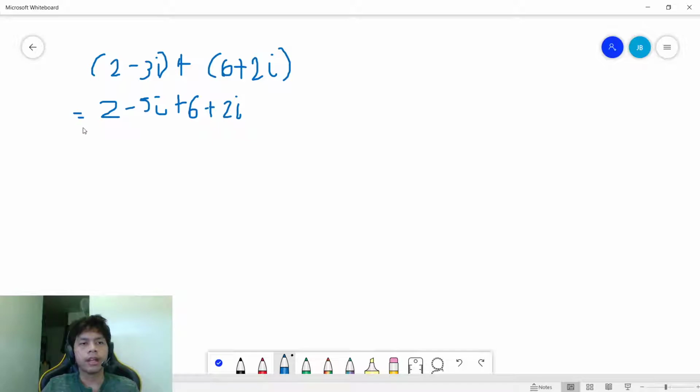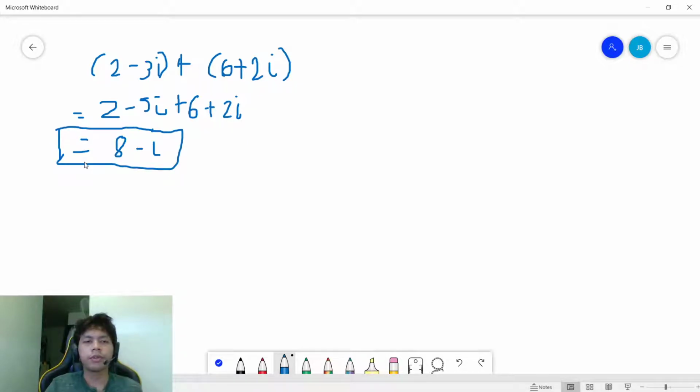Therefore, you can have 2 plus 6, that is 8. Then negative 3 plus 2, that's negative i. Remember always in your first exam, put it in the form a plus bi if it's instructed.